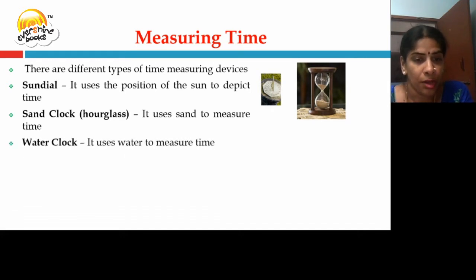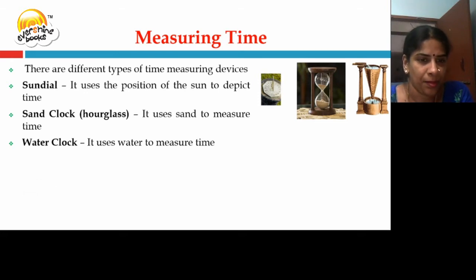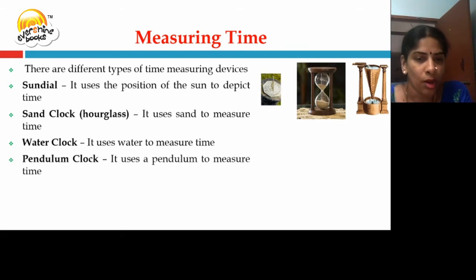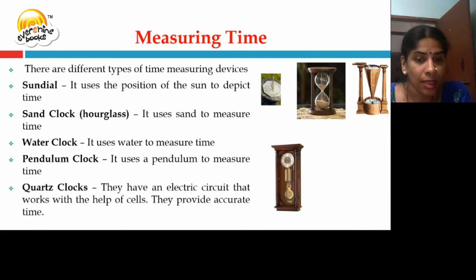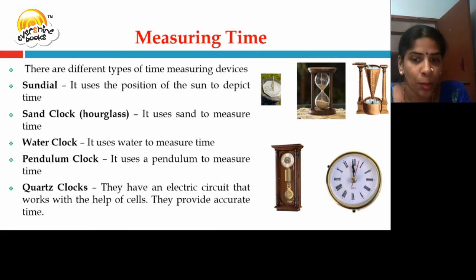Water clock, it uses water to measure time. Pendulum clock, it uses a pendulum to measure time. Quartz clocks have an electric circuit that works with the help of cells. They provide accurate time. Currently, the digital clock is also in use.